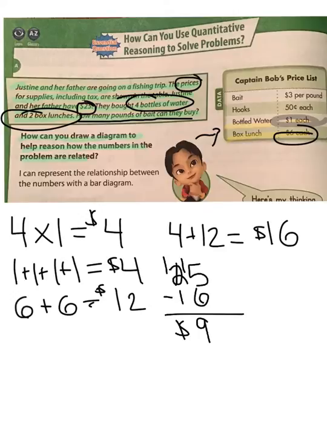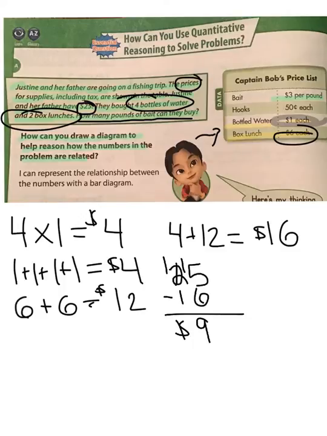Now we have to find out how much bait they can buy. And if we look over here, the bait is $3 per pound. If we have $9 to spend and the bait is $3 per pound, we have to find out how many equal groups of 3 there are in 9.